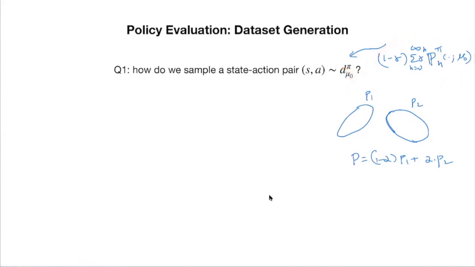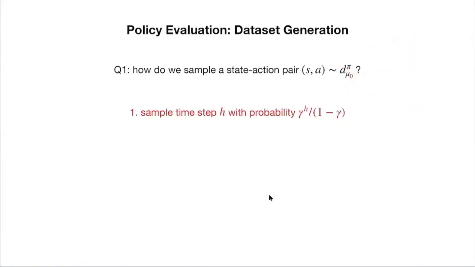Yeah, or you can just sample a time step h with probability gamma to the power of h times 1 minus gamma. You can implement this in Python or MATLAB. You just write down the probability vector and ask it to sample an integer.